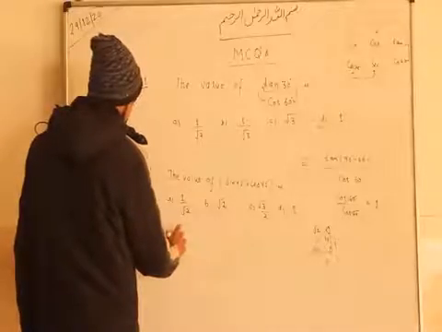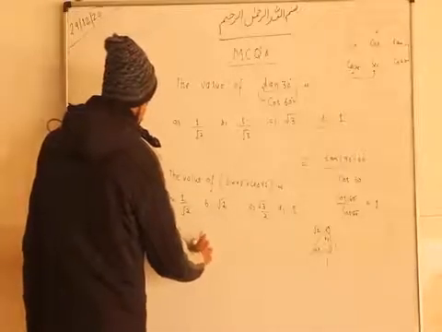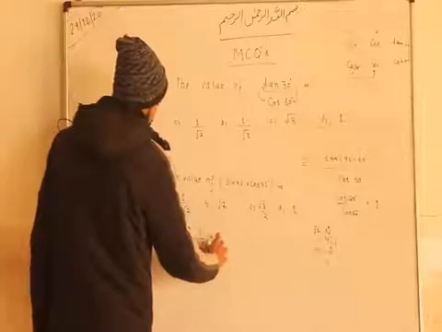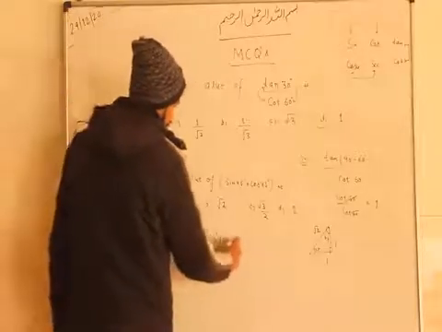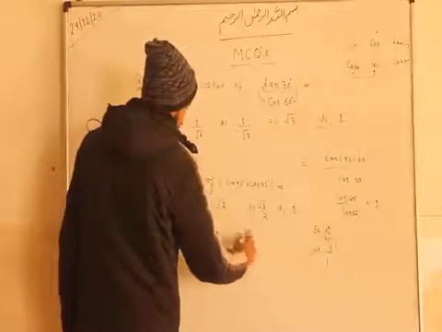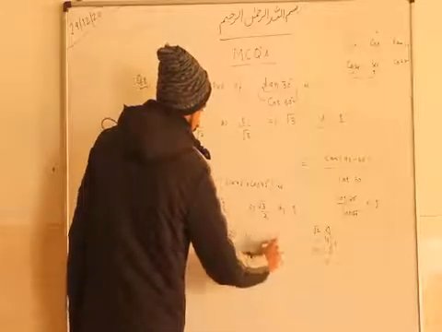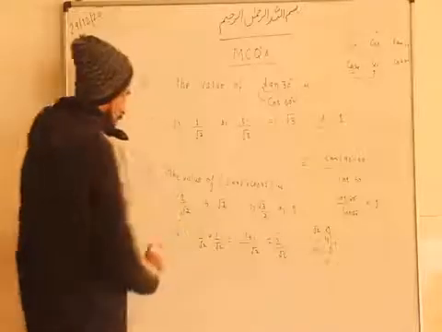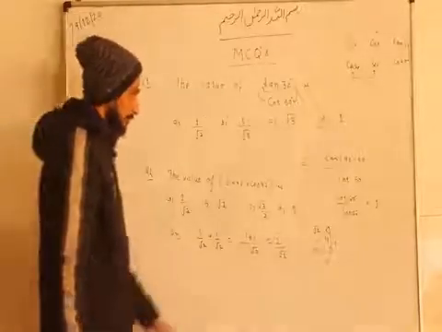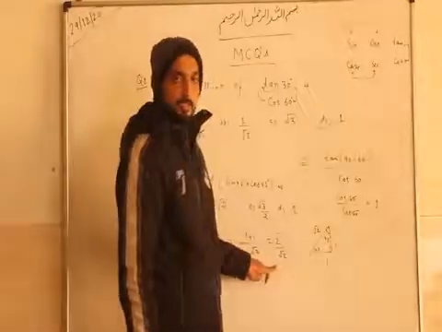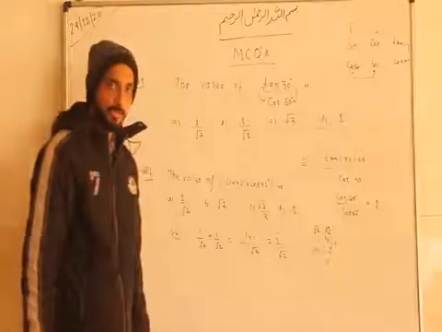So we can solve this: 1 by root 2 plus 1 by root 2. The LCM will be root 2 and 1 plus 1 is 2 by root 2. Now this option is not there. So whenever there is an irrational number in the denominator, we have to rationalize that.